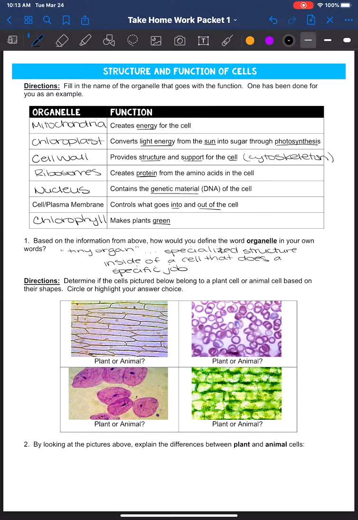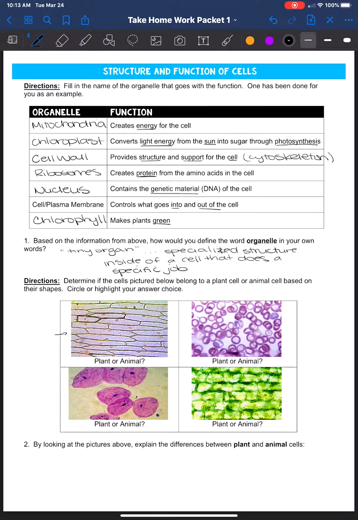All right, so determine if the cells pictured below belong to a plant cell or an animal cell based on their shapes. Circle or highlight your answer choice. I'll probably circle and highlight for you. But taking a look at this one right here, looking specifically at the shape and also the color, we can see the outlines of these little boxes.